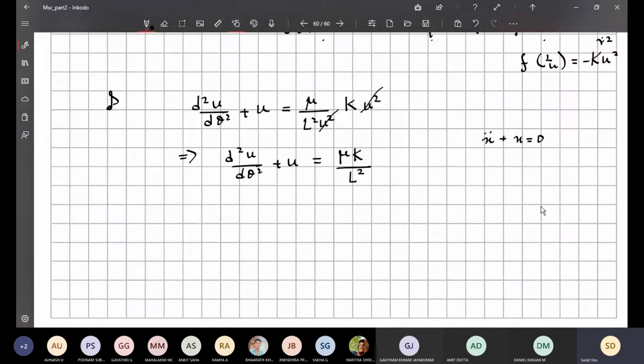This is which equation? Let me write it in another form: d2y by dx2 plus omega square x is equal to 0. Can I say?